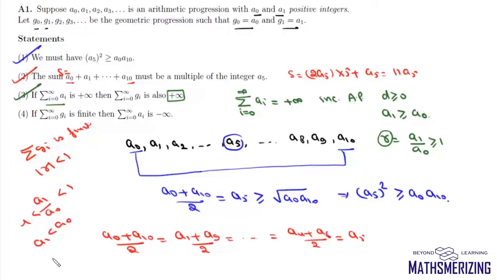Now if A1 is less than A0, then basically common difference is less than 0, and if common difference is less than 0, then the sum of infinite terms of an AP will be minus infinity. That means this statement 4 is also correct. So all the 4 statements 1, 2, 3, 4 are correct.